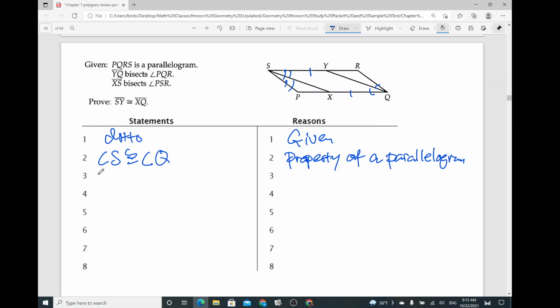And we do know that angle PSX is congruent to angle RSX, by the definition of angle bisector.